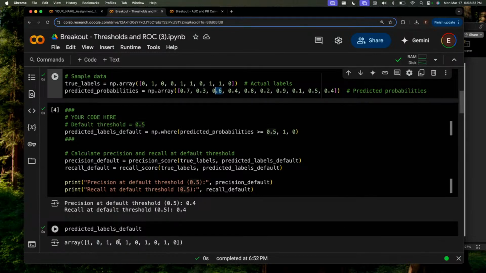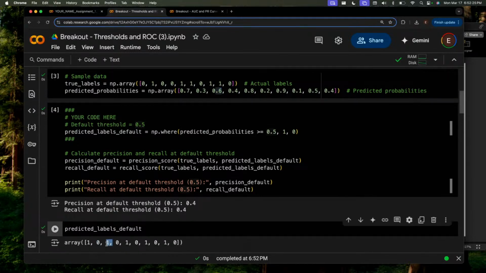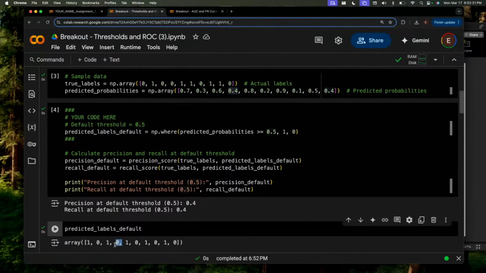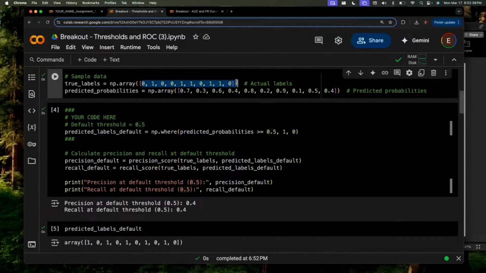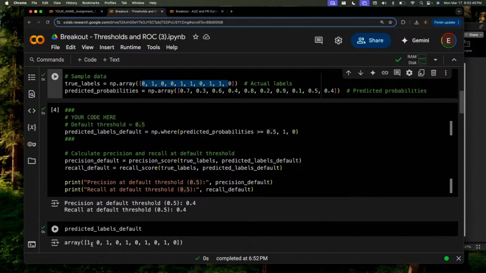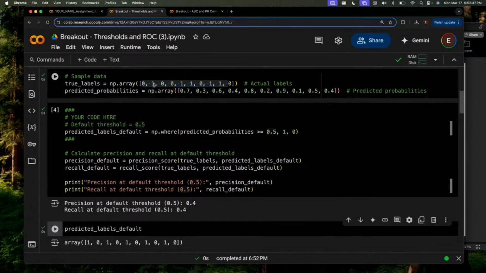0.6 becomes a 1. 0.4 becomes a 0, etc. So we can map those. And then we can compare these 1s and 0s to the actual true labels, the real outcome. In this case, we predicted 1, but it was actually 0. We predicted 0, but it was actually 1.